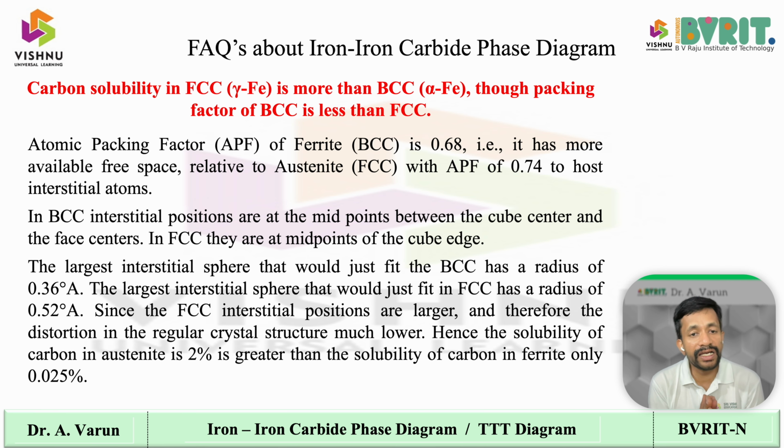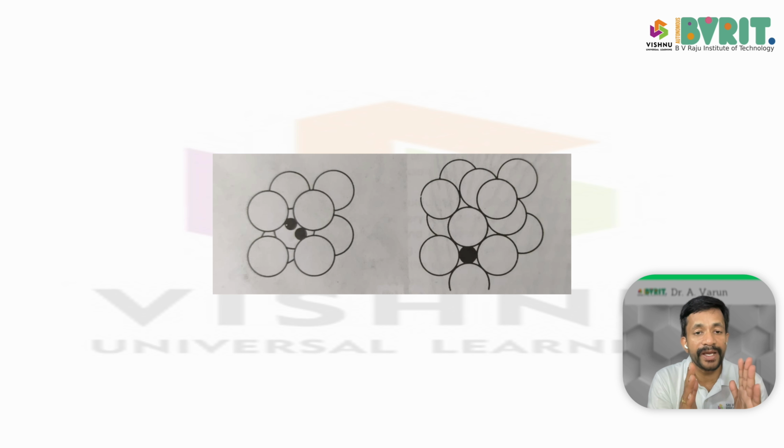If you take the FCC crystal structure, it has some atom space available for fitting, and that space can fit 0.52. You can see here it is FCC face centered, and you have a larger diameter which is 0.52, and the carbon which is going to sit in this interstitial space has 0.66. Whereas in body centered, you have 0.32.